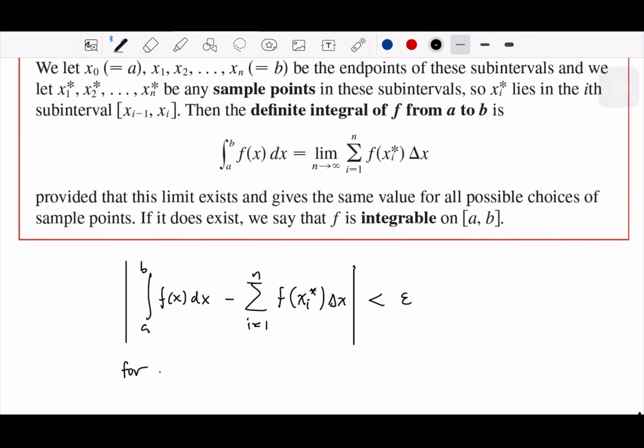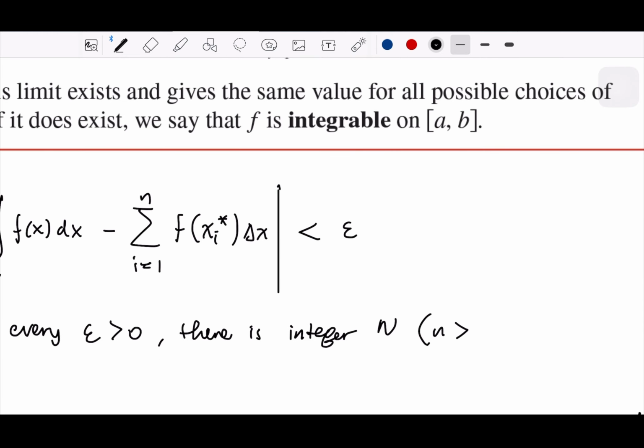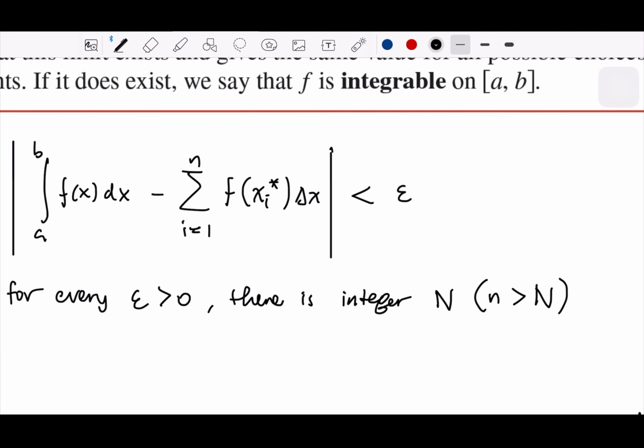So for every epsilon that is positive, there is an integer N, and this is small n, is always greater than this capital N, for every choice of the sample point in the interval.